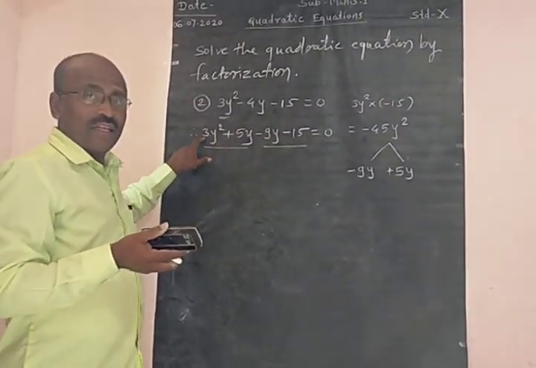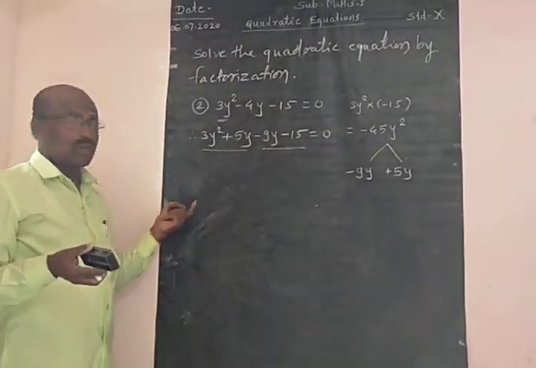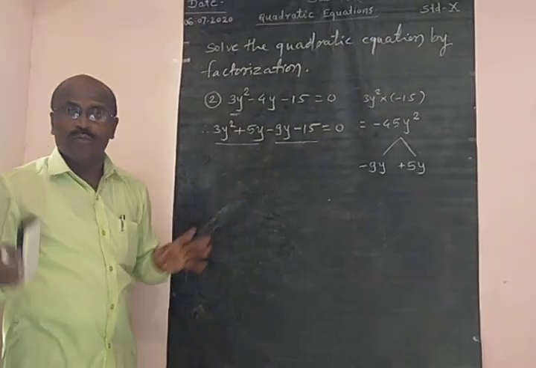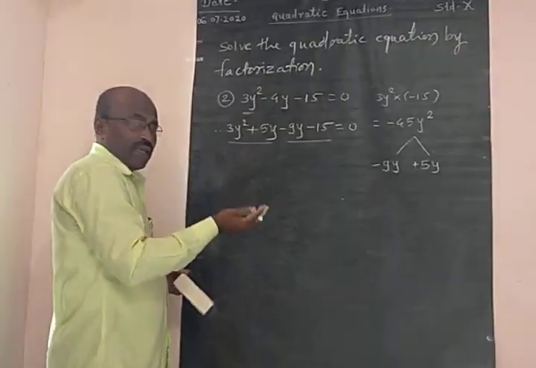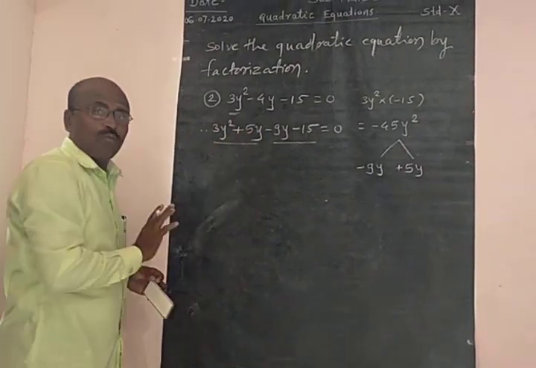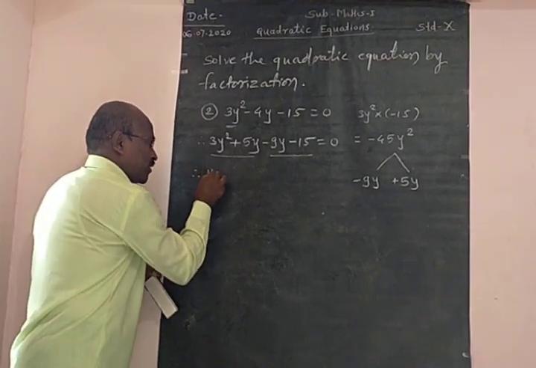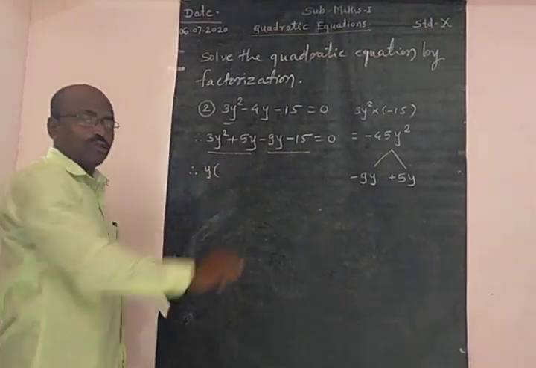Lowest one is 3. So 3 and 5 are both prime numbers, so no number is a common factor here. Then again y square and y is there. So here y is the common factor from both the terms. So take y as a common factor and then write into bracket.